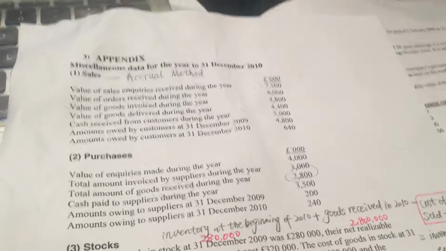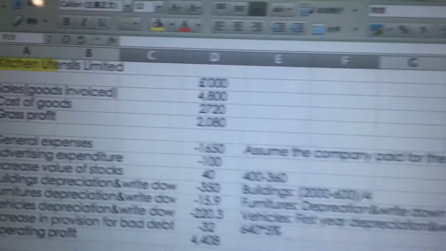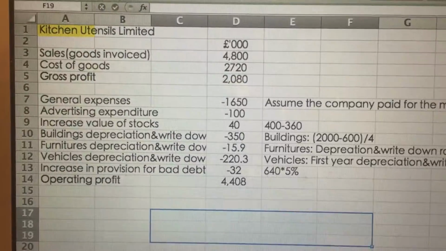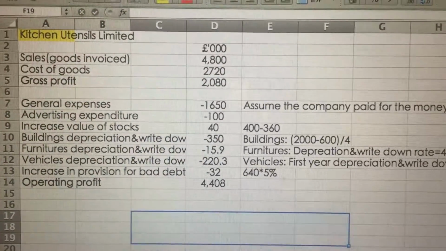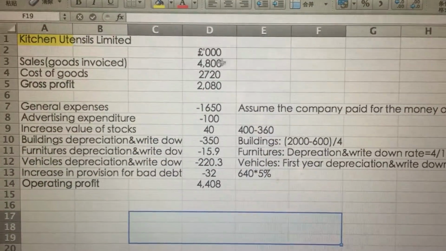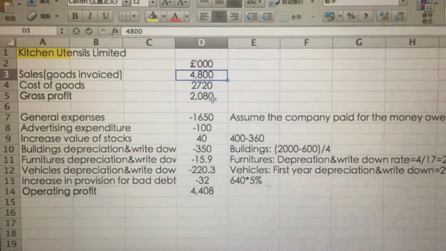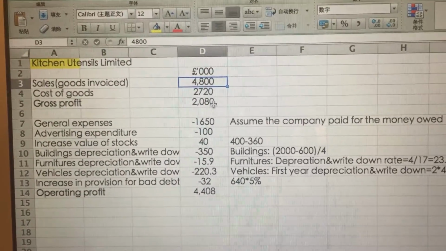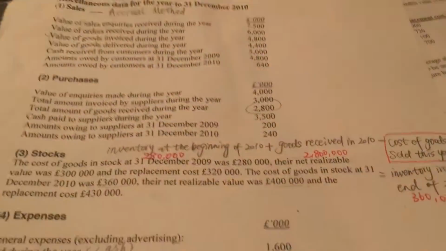Here is the income statement. The sales we use is 4,800. Okay, then we need to consider the cost of goods.